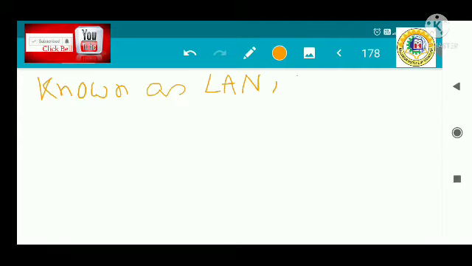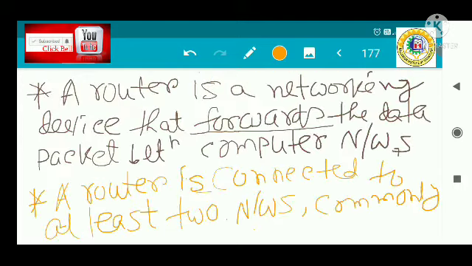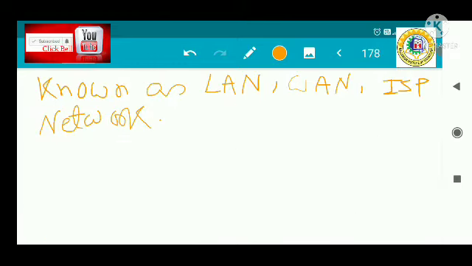The router can be connected between two LANs, between two WANs, or between two ISP networks, that is, internet service provider networks, for the internet connection we use. So this point is important: a router is connected to at least two networks. These two networks can be two LANs, two WANs, or ISP networks. And also the second characteristic: it is a layer 3 device.